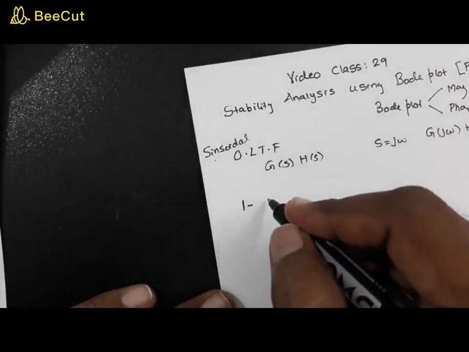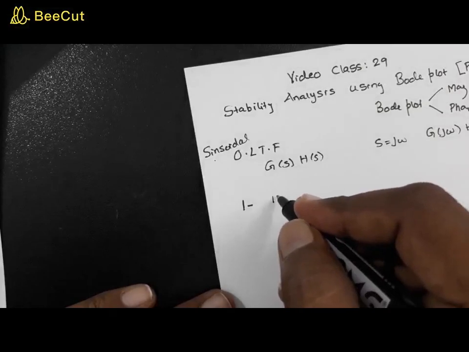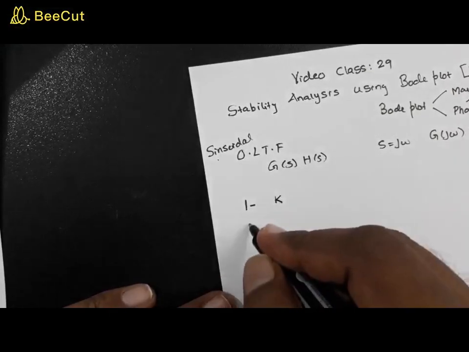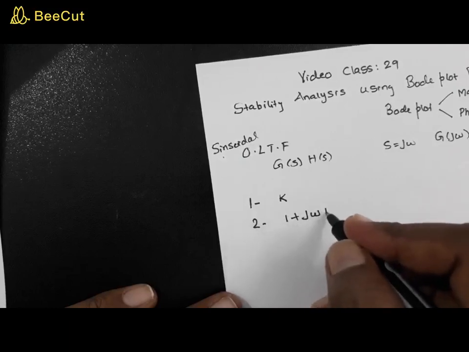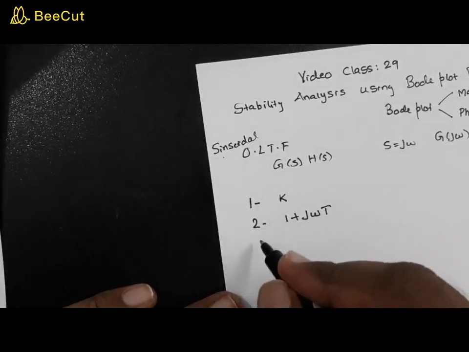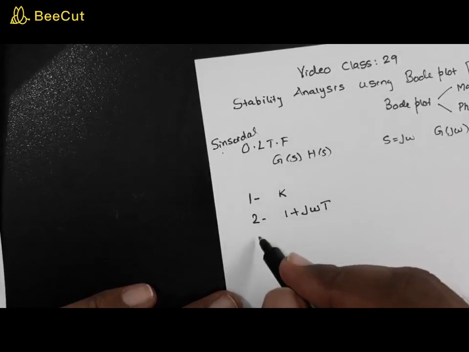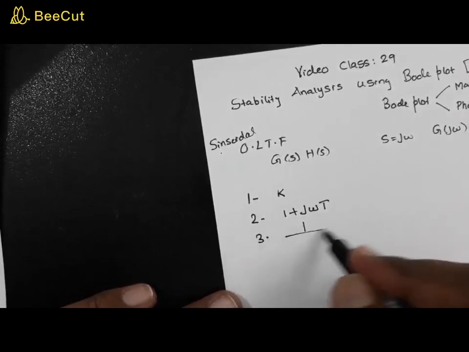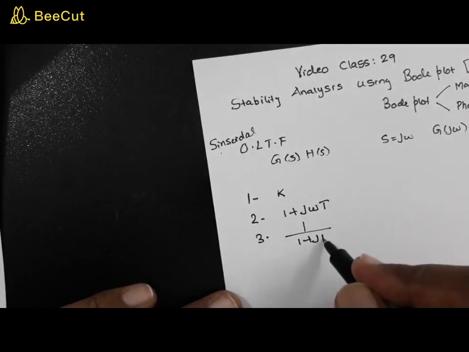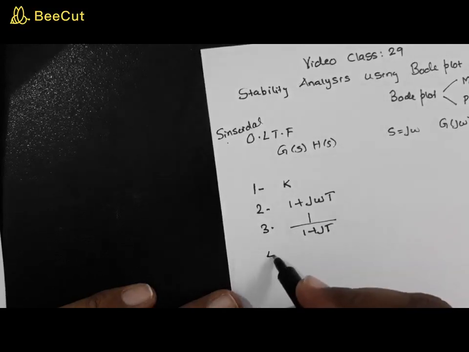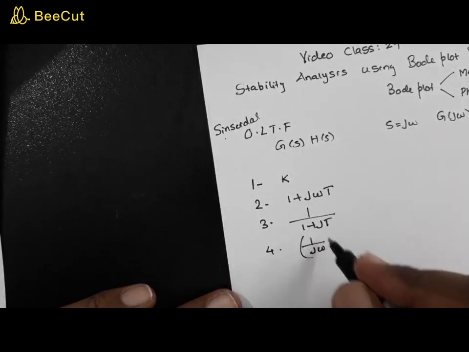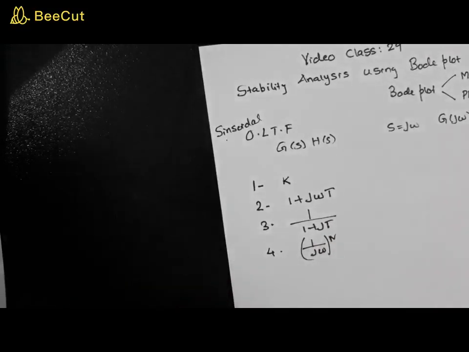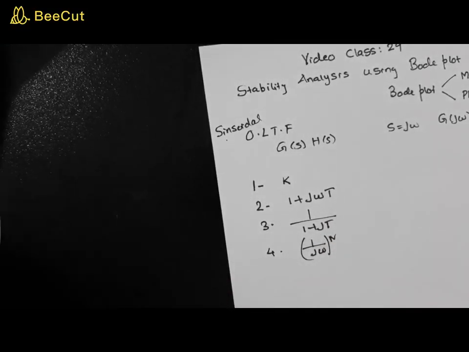The 4 different terms that we have identified: the constant term k, the second term is 1 plus j omega t, the third one is of the form 1 by 1 plus j omega t, and the fourth one is 1 by j omega raised to n. So these are the four terms which we have identified.